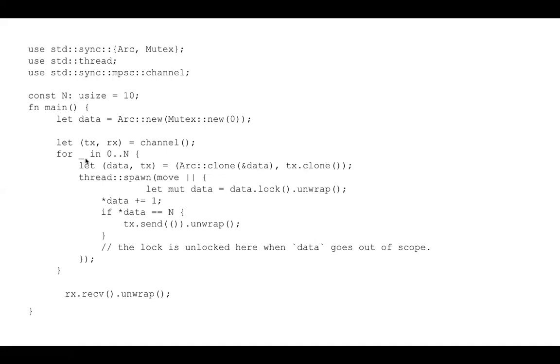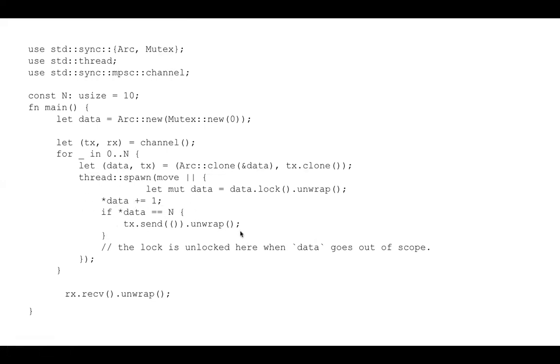Another thing which we hadn't covered before. So you iterate 10 times because n is initialized to 10. You clone the data, you clone the transaction, and you pass it to the thread. You move it to the thread. And then here, you're trying to acquire the lock on this data. It does nothing, but you could do any kind of processing.